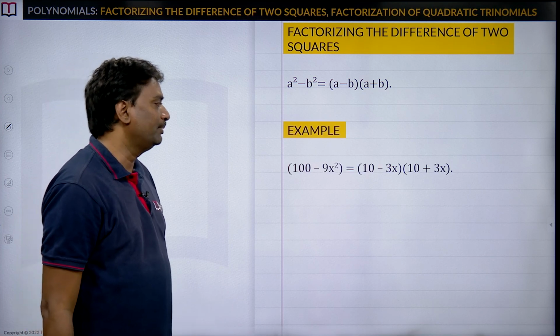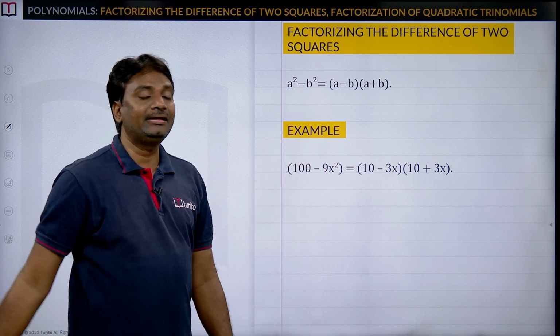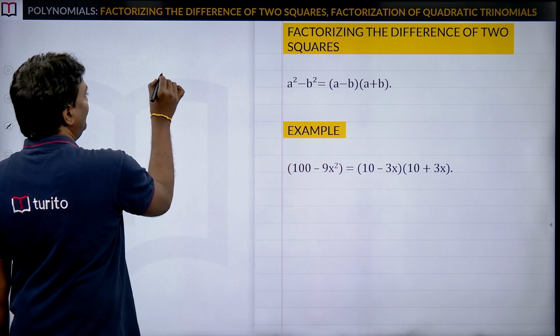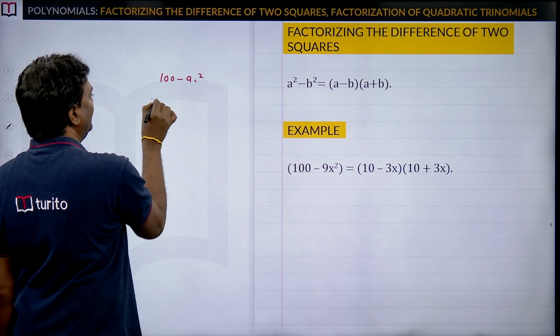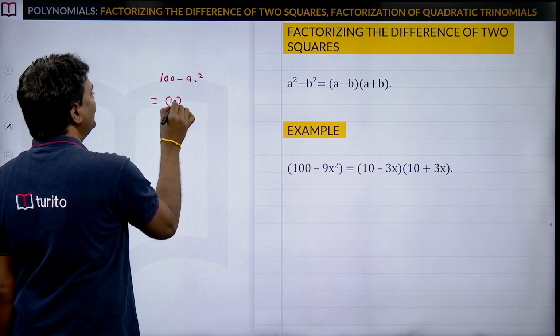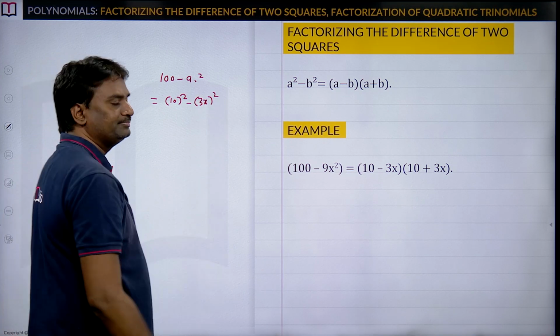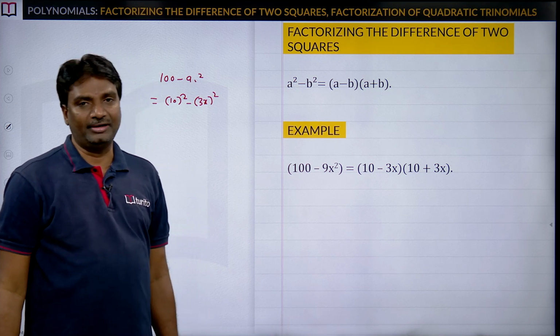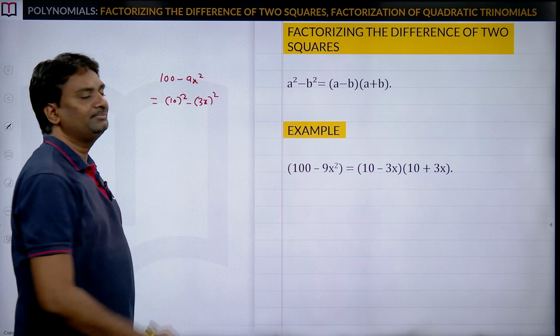Let us take the example 100 minus 9x square, where 100 can be written as 10 square. 100 is a perfect square, 10 square, and 9x square can be written as 3x whole square, since 9 is also a perfect square, 3 square.